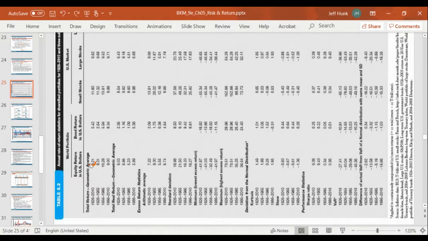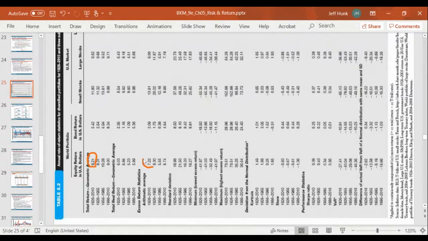The entire world equity return over these 85 years was, this is nominal, 9.21%.